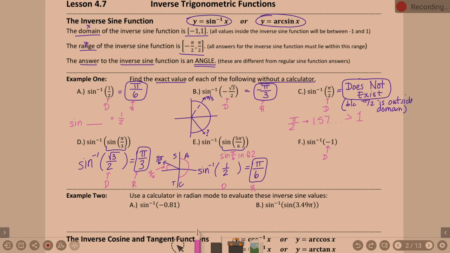Remember our quadrantal angles? I'll throw them out in degrees: 0 degrees, 90 degrees, 180, 270 degrees. We're going to talk radians, of course, but it would be on the bottom part of your y-axis, because sine is the y value, and so -1 would be your y value.